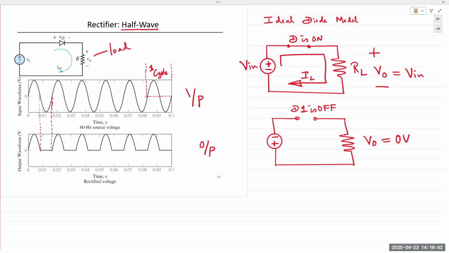So in the positive half cycle, the diode is on, and so that is represented here. Output is equal to input. And in the negative half cycle, the diode is off. Right, let's take a pause. Let me know if you have any questions.